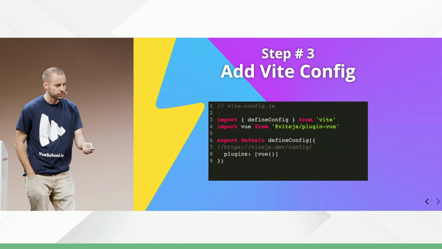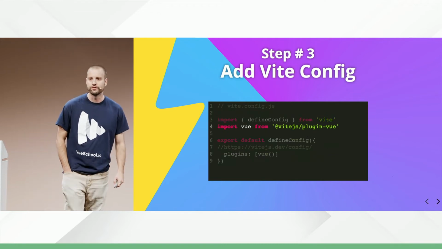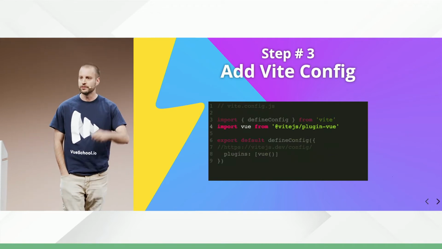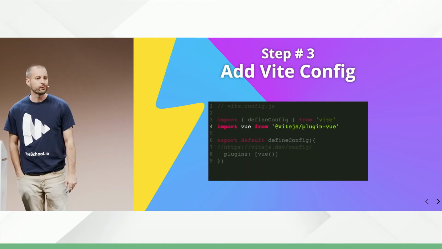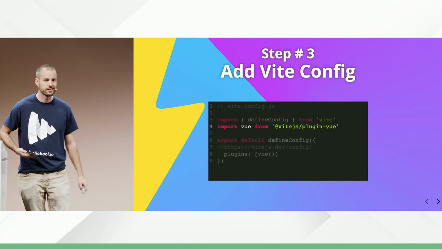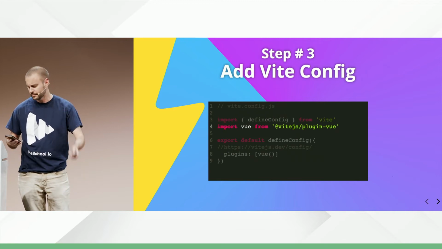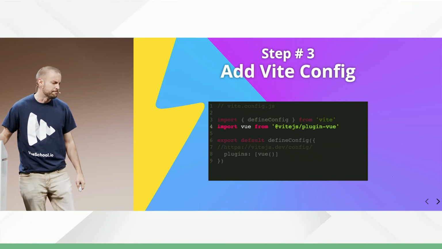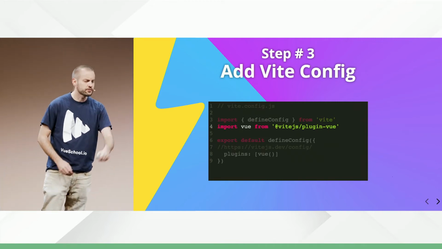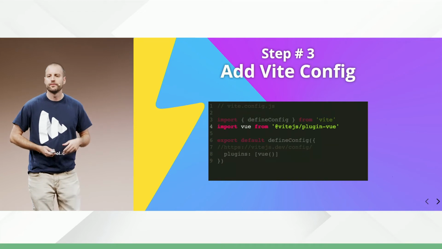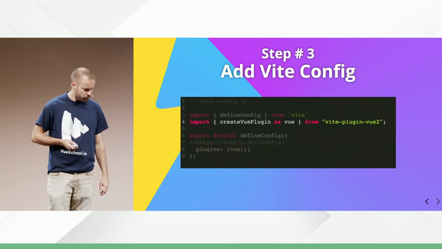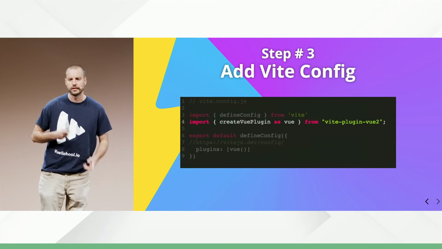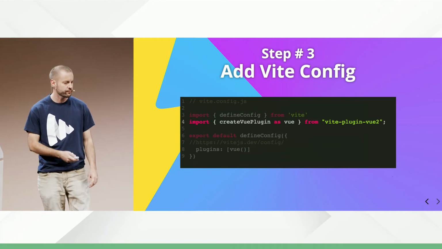All right, so step number 3 is to add your vite.config file. And this is a file I just copied and pasted from the project that I made with npm init vite@latest. Okay. And you can see here on line number 4 that we have the Vue plugin being imported. If you were using Vue 2, you have to import it just a little differently there.